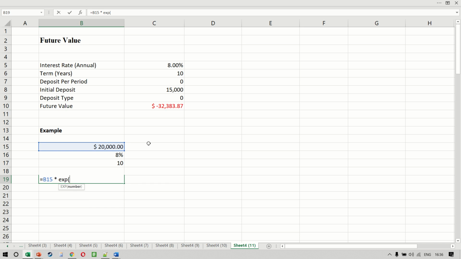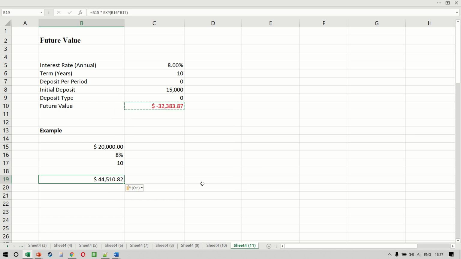And this number would be the percentage, which is 8%, multiplied by the NPER, which is 10. And this gives us a result of 44,510.